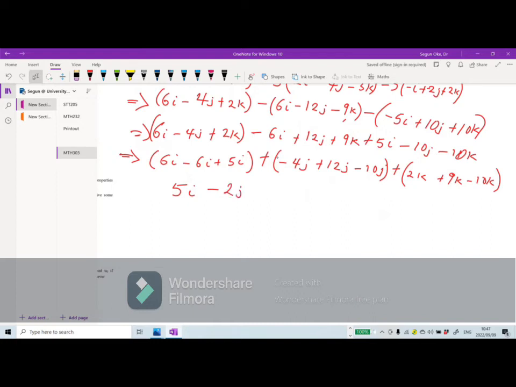Minus 2j. Then the final answer here is what? 1k. That's plus k. Are you sure? Yes. This is 9 plus 2, making 11. 11 minus 10, 1. Okay. 1k.